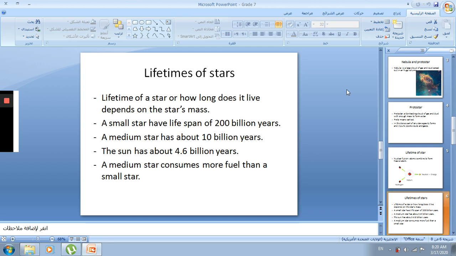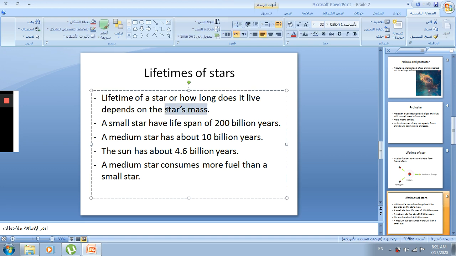Now, lifetimes of stars. If you open your textbook to page 144, you will find Lifetimes of Stars, and the second and third paragraphs are very important. The lifetime of a star, or how long it lives, depends on the star's mass, as we mentioned earlier. A small star has a lifespan of 2 billion years.